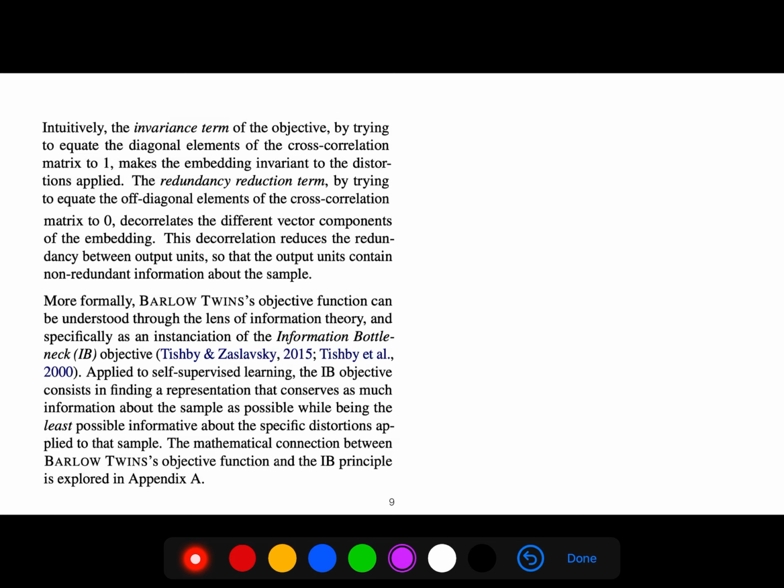Applied to self-supervised learning, the information bottleneck objective consists in finding the representation that conserves as much information about the sample as possible while being the least possible informative about the specific distortions applied to that sample.